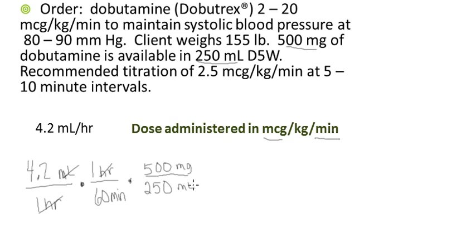I'm closer to my desired label, but I've now got to change milligrams into micrograms. So we've talked about before that 1 milligram is 1,000 micrograms. And we can remember 3 zeros because with the King Henry method, we would move our decimal 3 places. So now milligrams is canceled, and I have micrograms, the second piece of the label that I want.